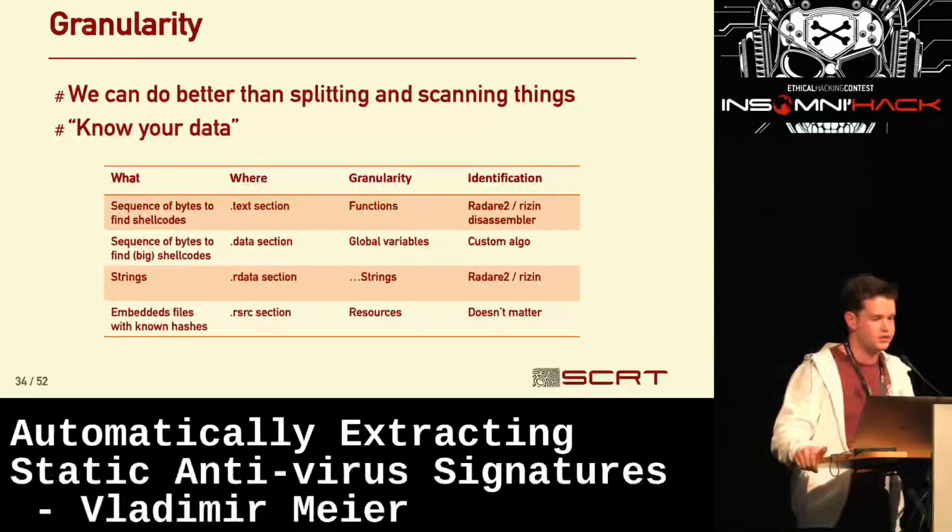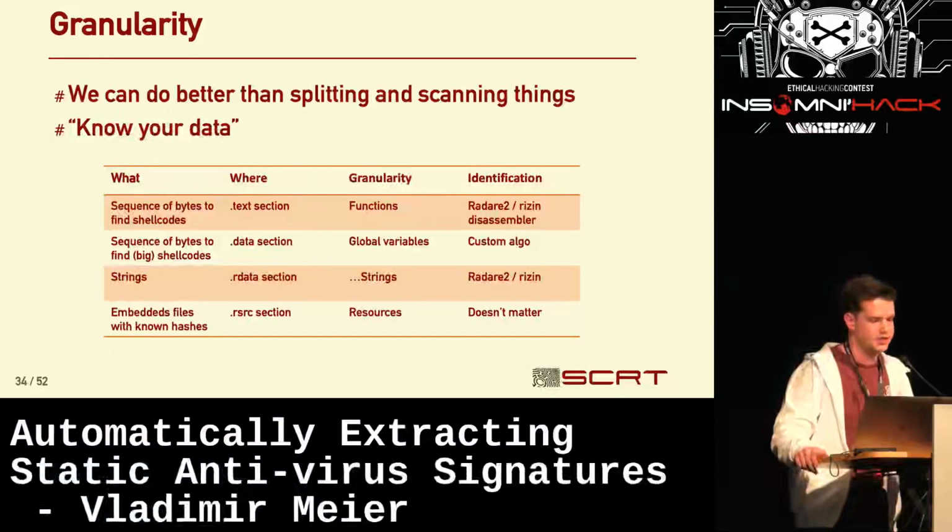But we can do better than splitting and scanning things. We've seen before the PE format sections, and there are different things in different sections. If the antivirus triggers on the text section, you know that in it you will find functions, so the granularity in there will be functions that you can recover with your favorite disassembler.